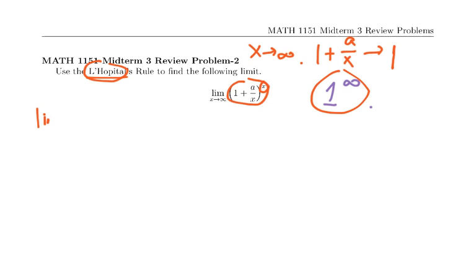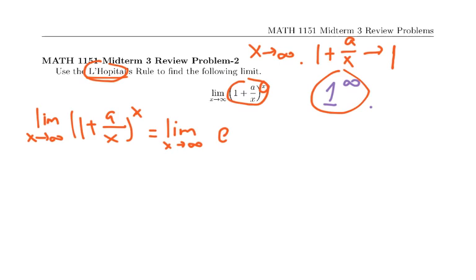Alright, that is the limit as x goes to infinity of (1 + a/x)^x, which equals, because we have x in the power, it is always a good trick to use the relation between the exponential function and the log function.